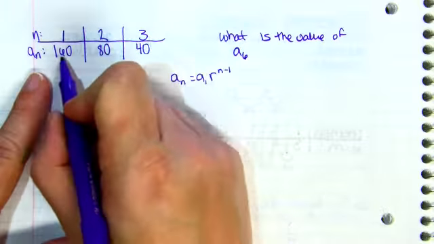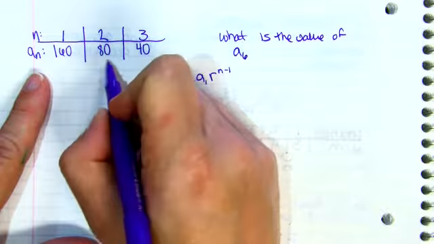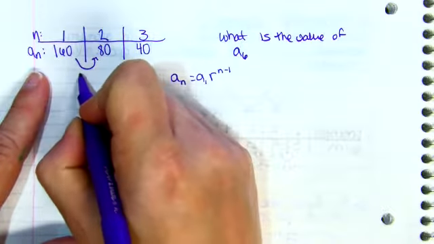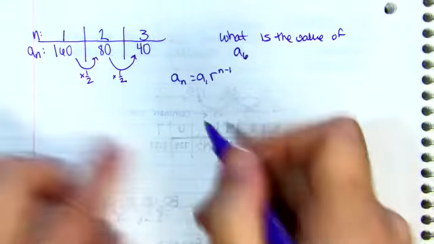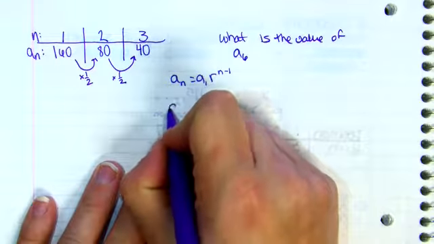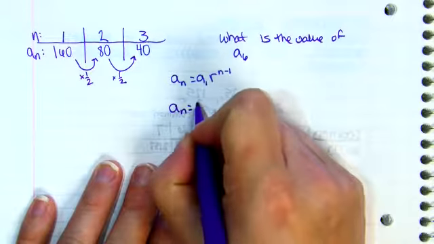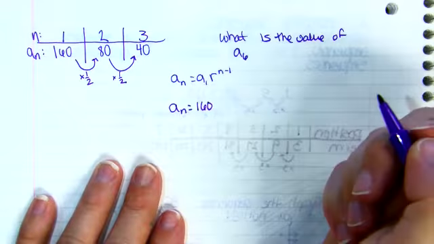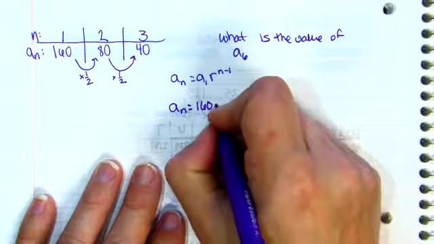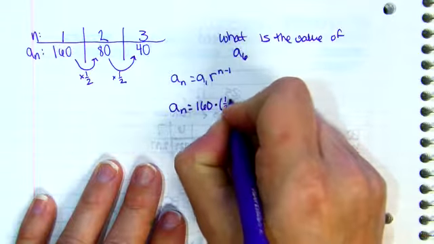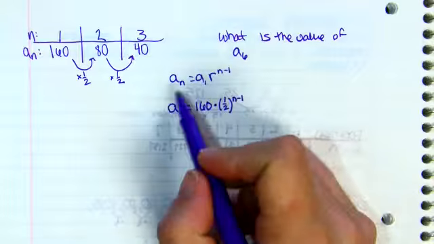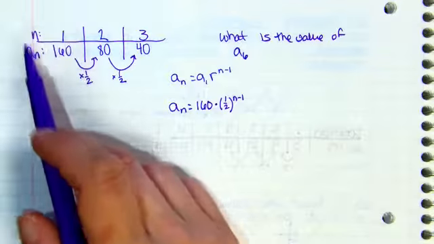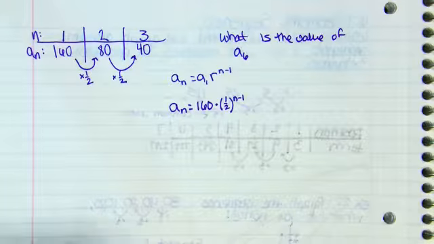So if I look, 80 is half of 160, 40 is half of 80, so it looks like I'm multiplying by 1/2. So when I put that into my formula, a sub n equals my first term, which is 160, times 1/2 to the n minus 1 power. So this formula is going to describe this sequence right here.